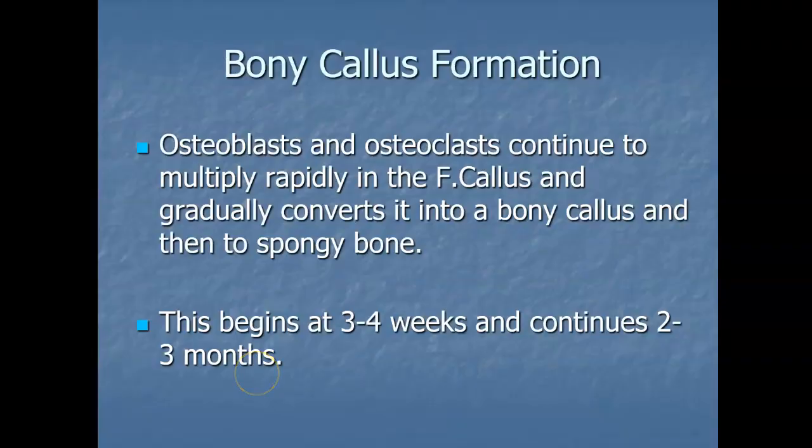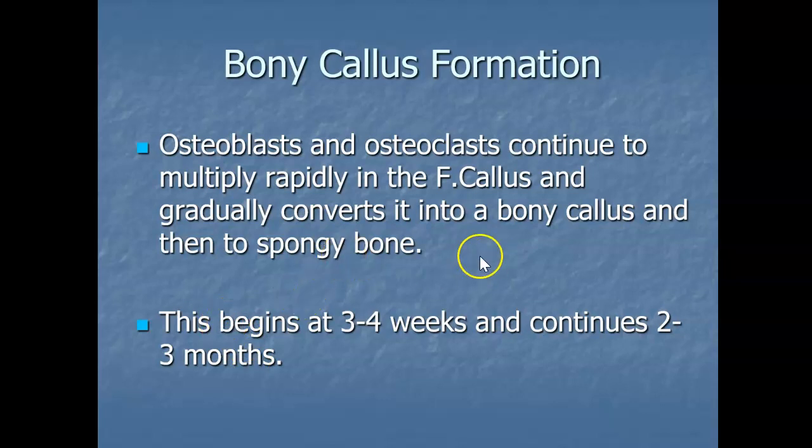The next stage is going to be the formation of a bony callus. In that injured area where we have that fibrocartilaginous callus forming, osteoblasts and osteocytes are going to start multiplying rapidly. They're going through the cell cycle and mitosis at a faster rate than normal.